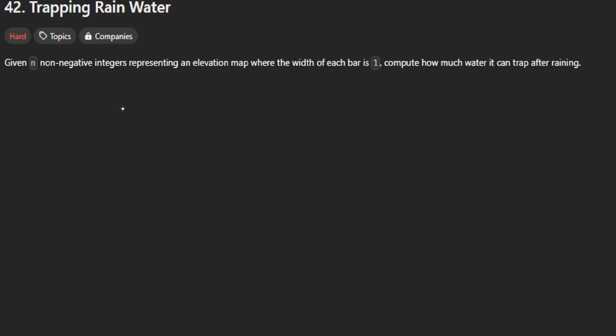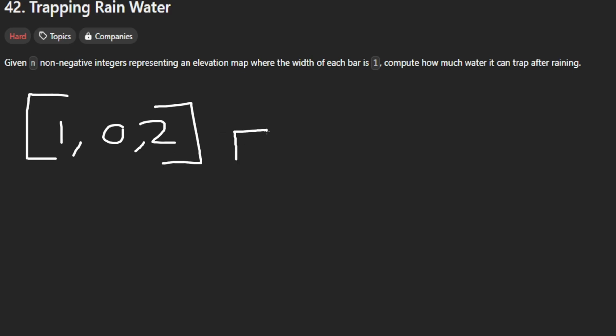So, you're already given an example which kind of gives you an idea of what you're supposed to be looking at, but I'll do a quick example through a very simple array, which is if we had an array of 1, 0, 2, right? In this case, it would look a little something like this, right?